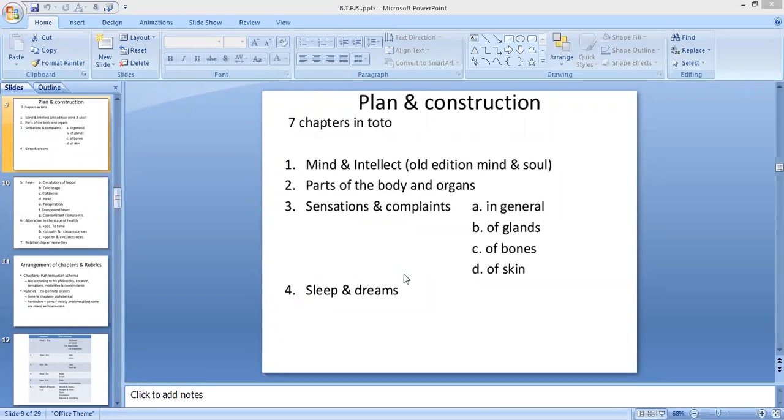For example, blackness externally, then clumsiness or awkwardness, cyanosis. So these are objective symptoms. Then location.